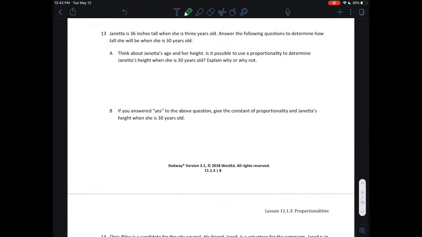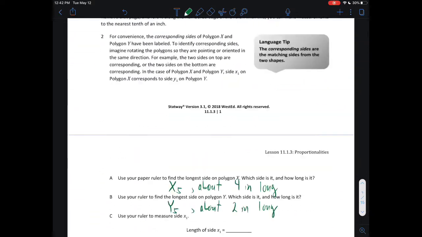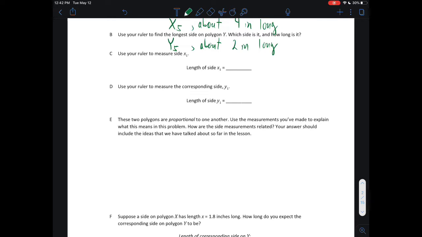So going back to question 2, parts C and D, the length of side X1 is 1.2 inches, and the length of side Y1 is 0.6 inches.